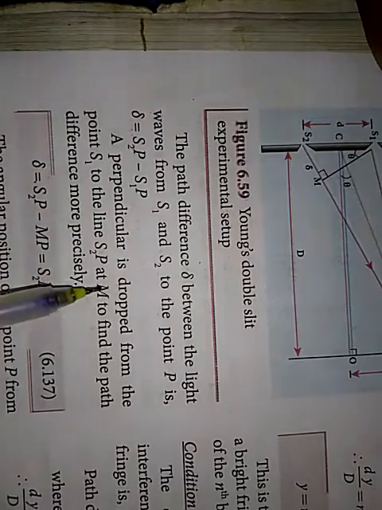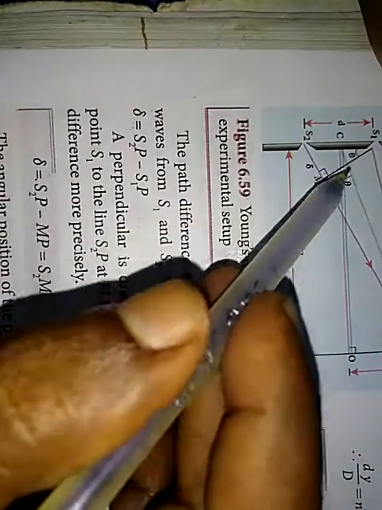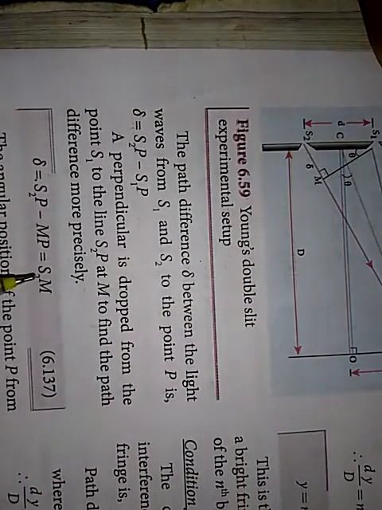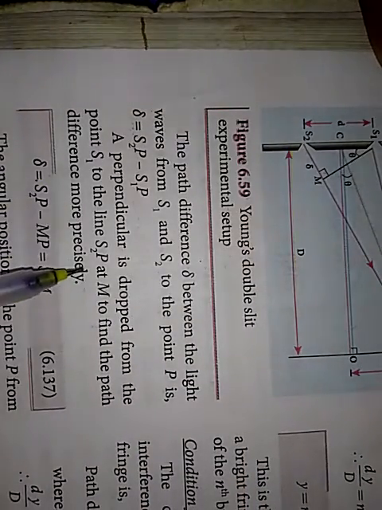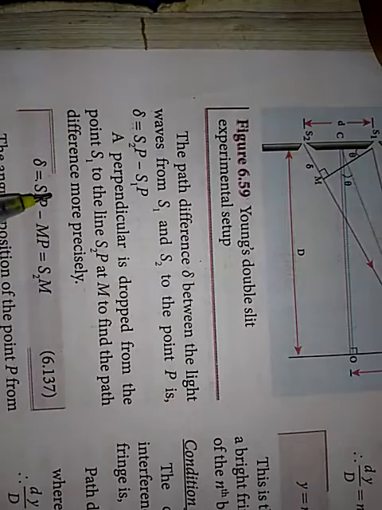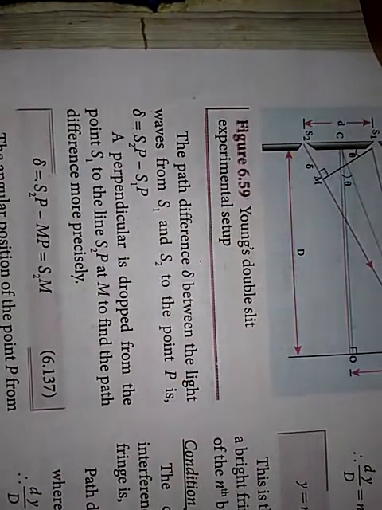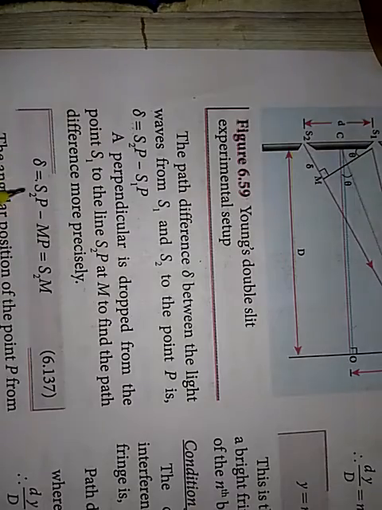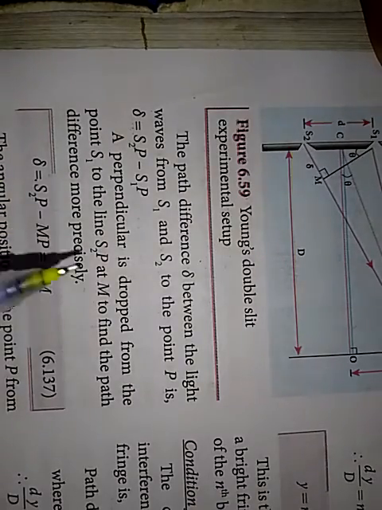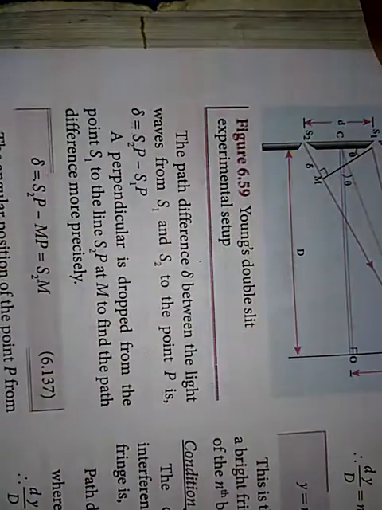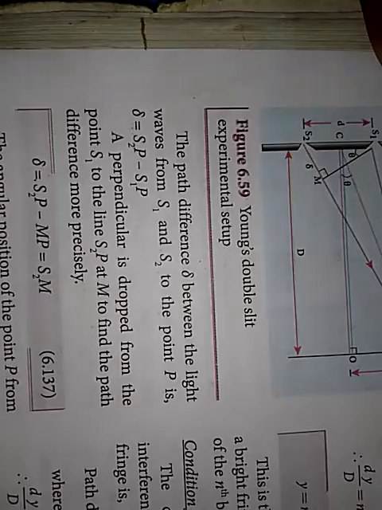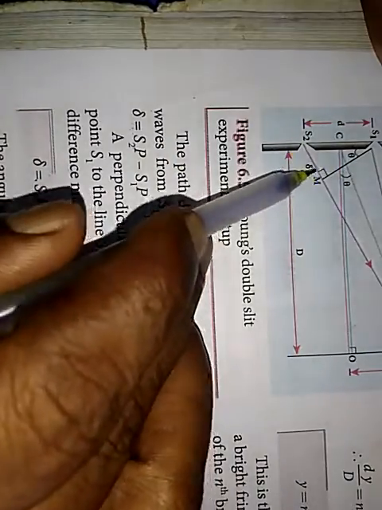A perpendicular is dropped from S1 to the line S2P at M to find the path difference more precisely. Now we are interested in finding this del. We know that del is equal to S2P minus MP because MP is equal to S1P. So this is theta, and this is 90 degrees.